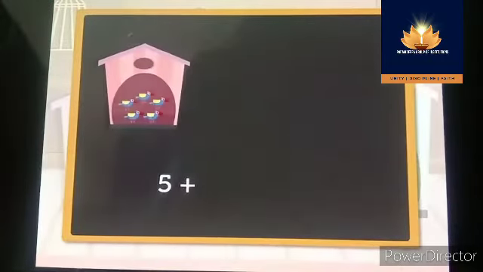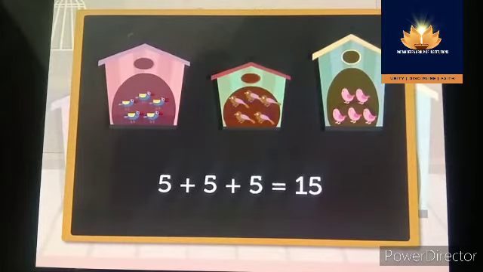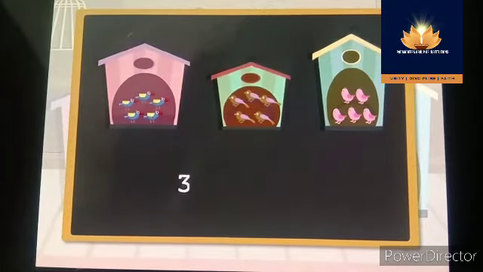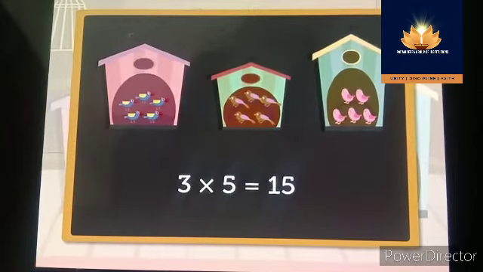That is 5 plus 5 plus 5 is equal to 15. That is 3 times 5 is 15. Using the multiplication sign, we write it as 3 multiplied by 5 is equal to 15. So there are 15 birds in all.